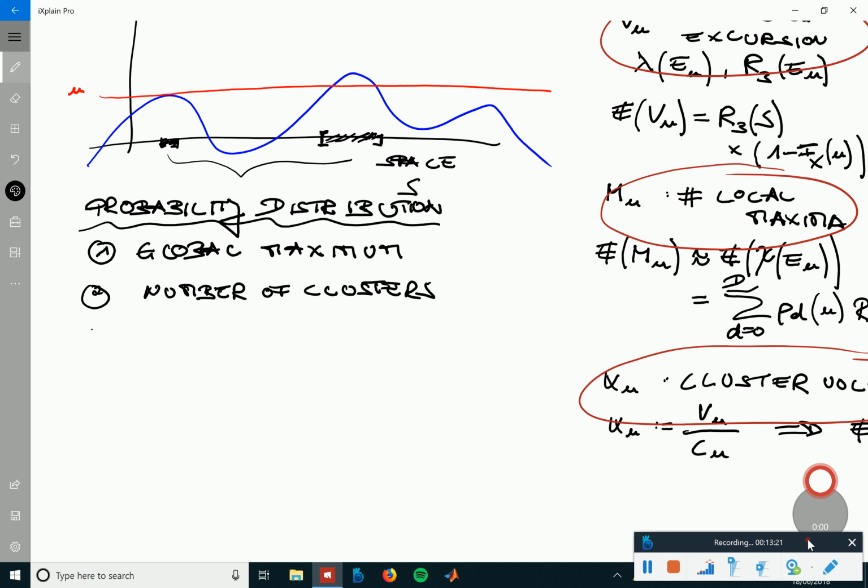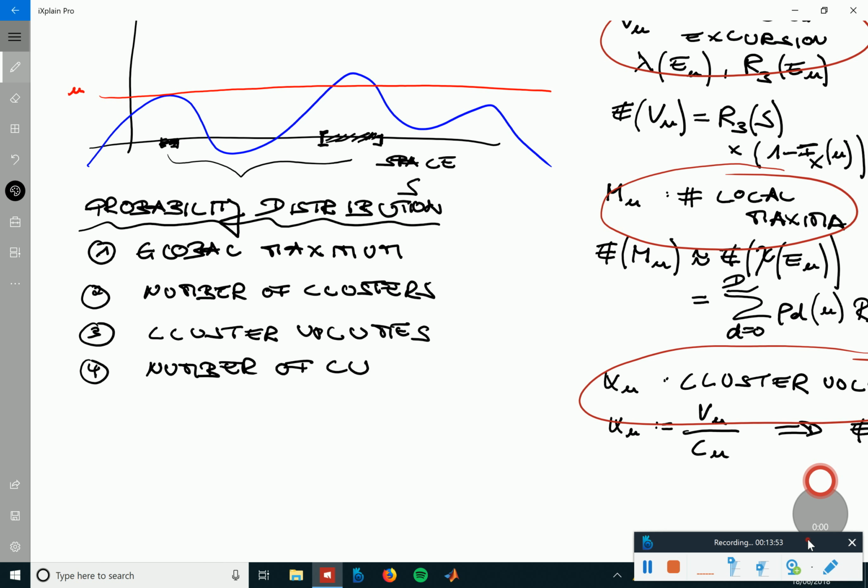Then we need the cluster volume. Again, for now we only have the expected cluster volume, but we now need a distribution over cluster volumes under the null hypothesis. And what else? The number of clusters of given volume.